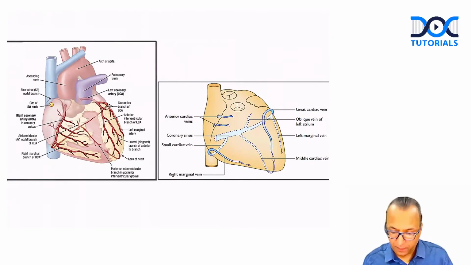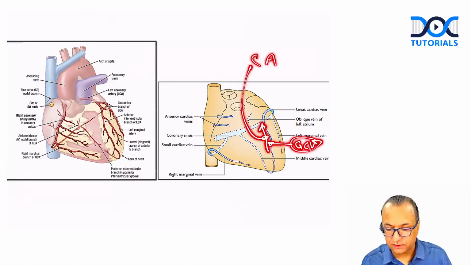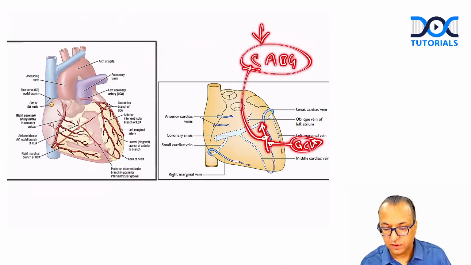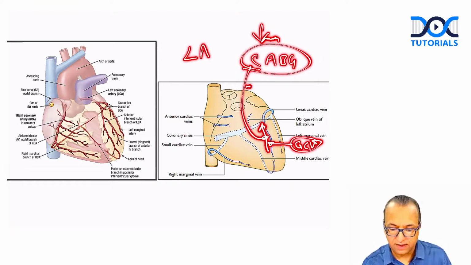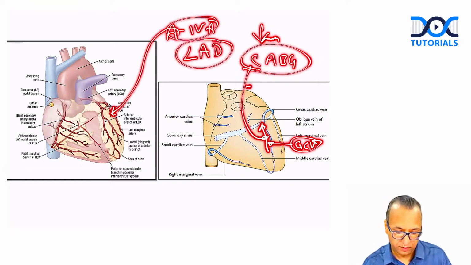A question came, they are telling great cardiac vein, another vessel is running along with that, is compromised when doing CABG operation. So coronary artery bypass graft, you are operating on maybe this artery, that is left anterior descending, other name is anterior interventricular artery, which is shown here, this one. So that was the answer, I believe.